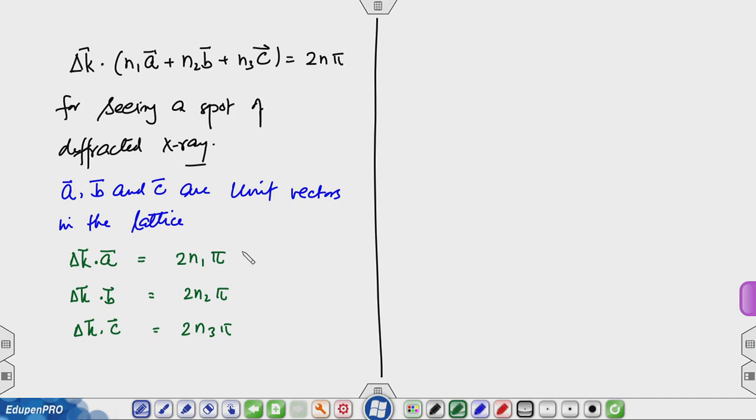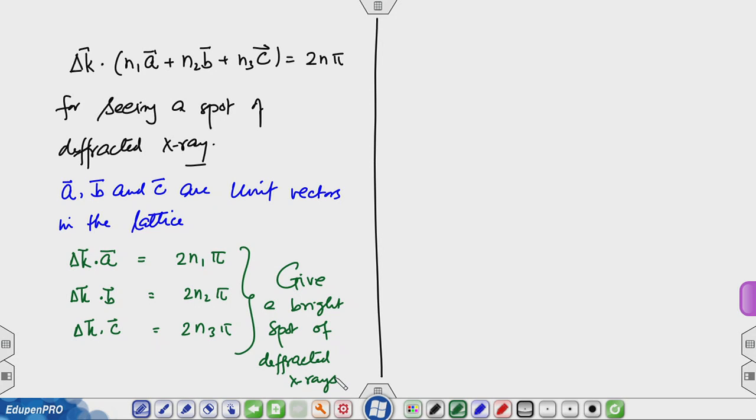All three conditions satisfied give a bright spot of diffracted X-rays. These are known as the Laue conditions.